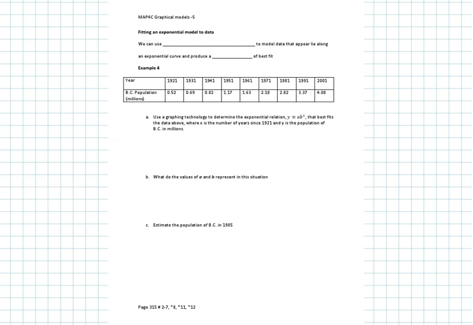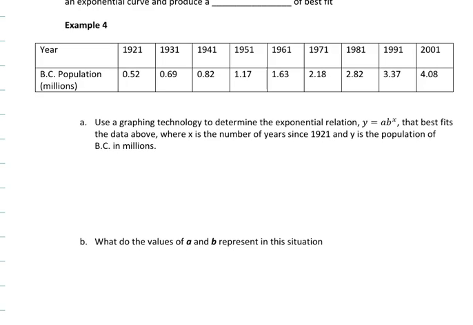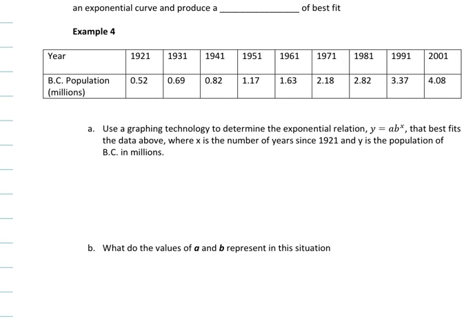So let's go back here. It asks you to use graphing technology to determine the exponential relation y equals a b to the power of x that best fits the data above, where x is the number of years since 1921.